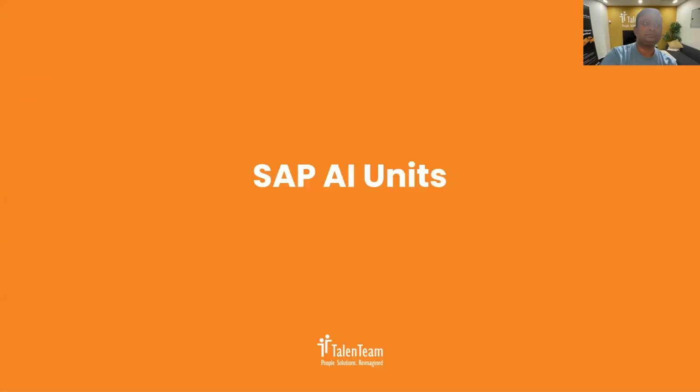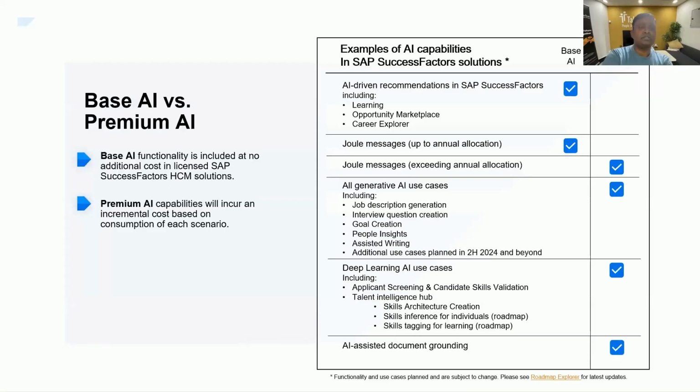So before we jump into anything else, let's talk about what an AI unit is. The reason we are talking about it is that you want to differentiate between base AI versus premium AI, right? As I said, base AI is part of the suite.